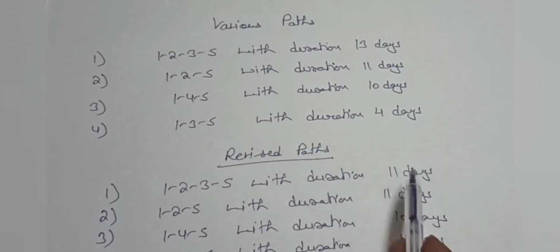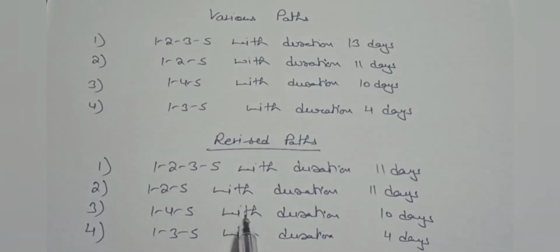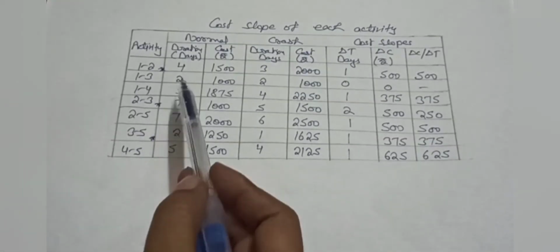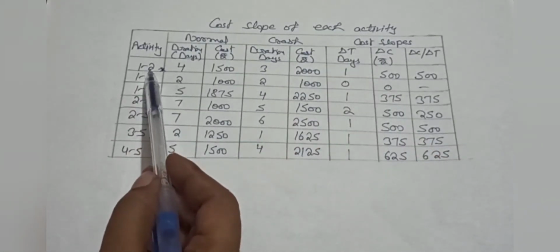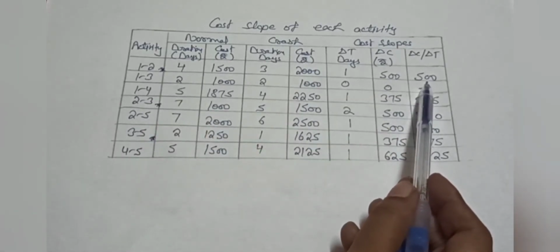So now you can see we have two paths with similar duration. So now we will crash these paths, this path with 11 days and also this path with 11 days. As you can see in these two paths, one activity is common, 1 to 2. So we will crash this activity. Student, you can see in this chart this activity's cost slope is 500.